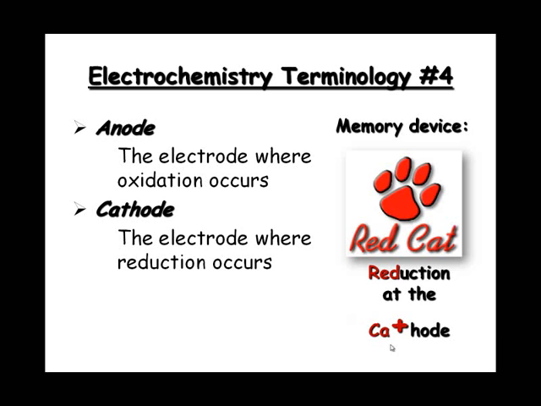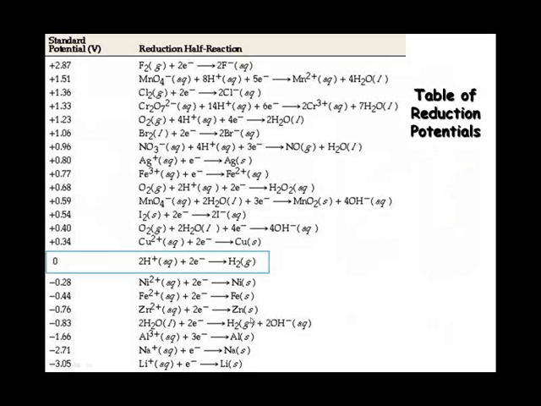And the other thing you need to remember here in this word cathode, think about the t as being a plus sign. The positive electrode is the cathode. So the positive is the cathode. Reduction occurs at the cathode.